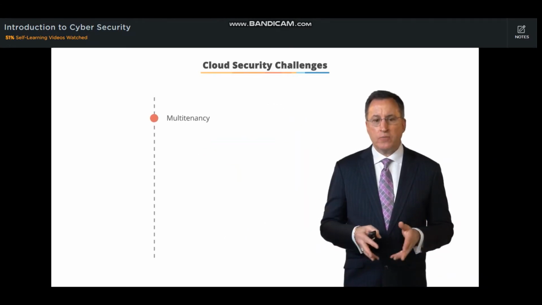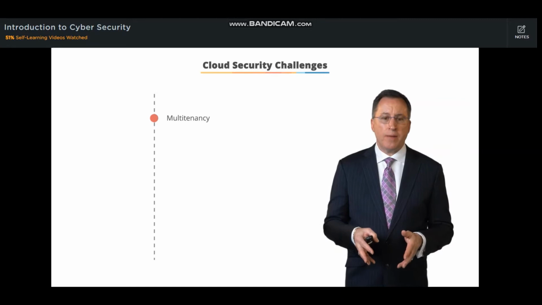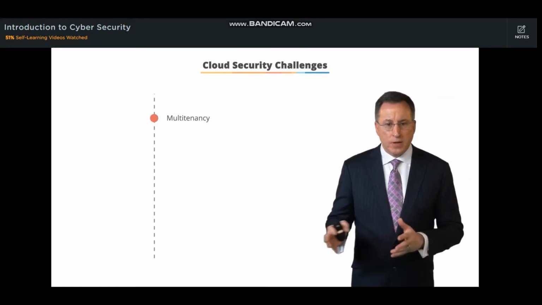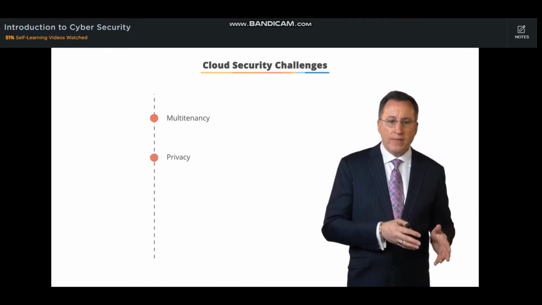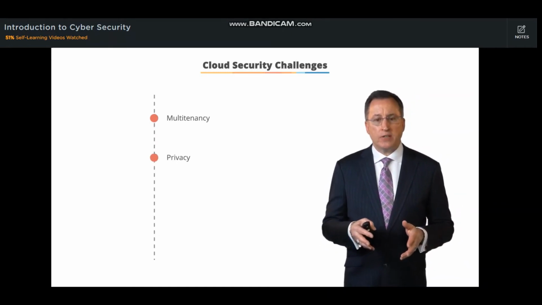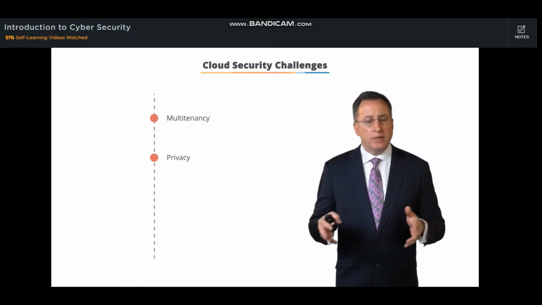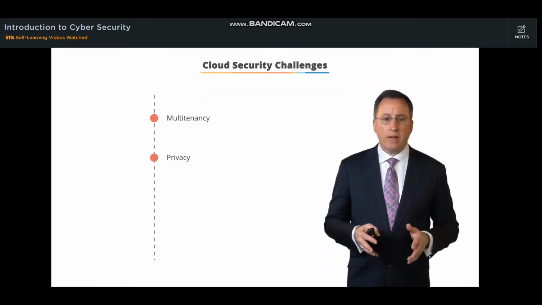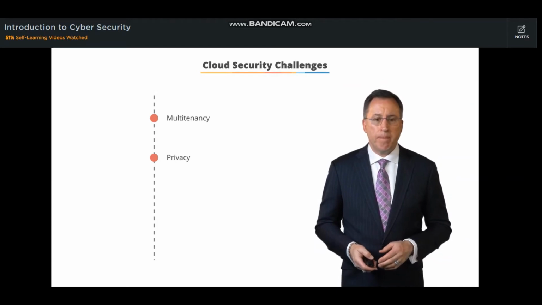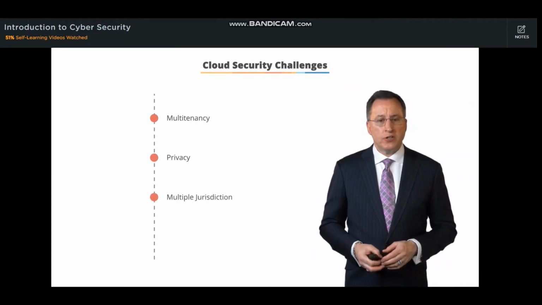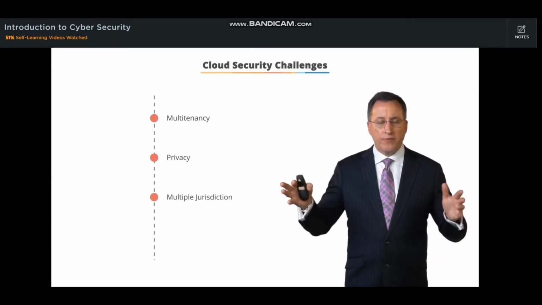Multi-tenancy is an architecture in which a single instance of a software application serves multiple customers. Each customer is called a tenant. Privacy: the foremost issues in cloud data security include data privacy, data protection, data availability, data location, and secure transmission. Multiple jurisdiction: jurisdiction over another country or territory.